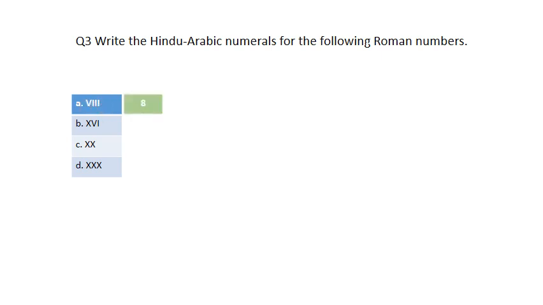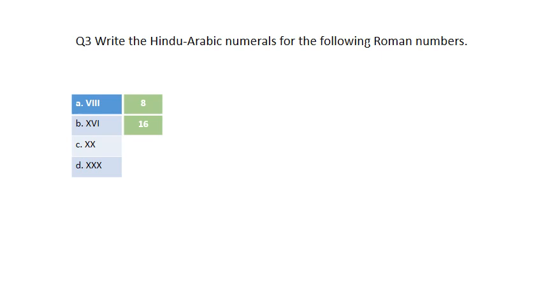Okay student. Next is what here? XVI. The value for X is 10. The value for V is 5 and the value for I is 1. So 10 plus 5, 15. 15 plus 1 becomes 16. Okay student, next one. What is given here?